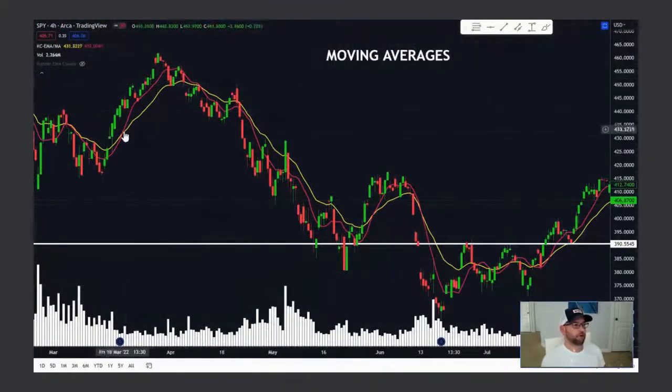Another powerful cross. We trend up. Then look what happens when this cross happens. You break that back down below here. It pulls back. Price action is almost like a magnet towards these moving average crosses. You'll notice this a lot.